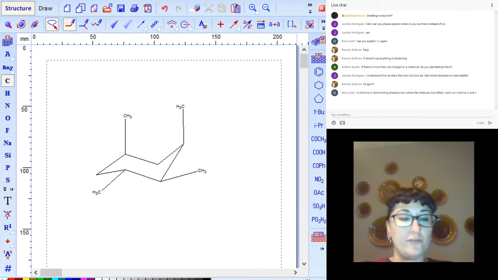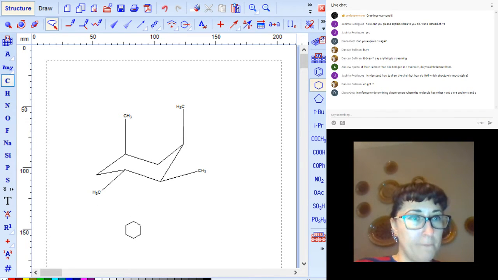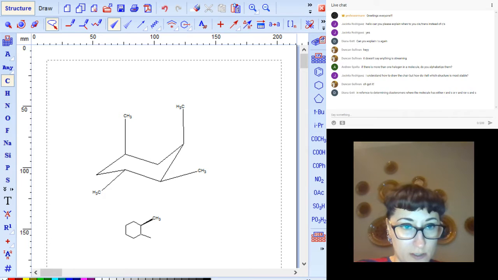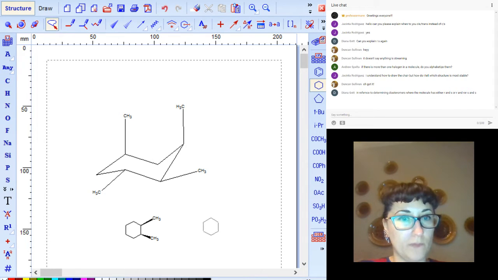So if you have one molecule that's cis, like, hold on a second. So let's look here. If I make this cyclohexane with 1,2-dimethyl on it, and the 1,2-dimethyl are pointing in the same direction.